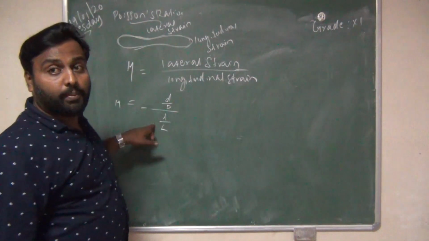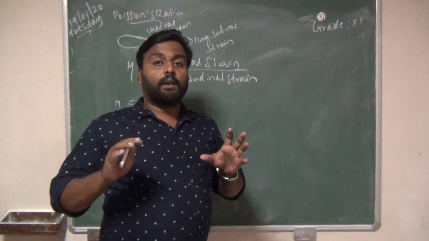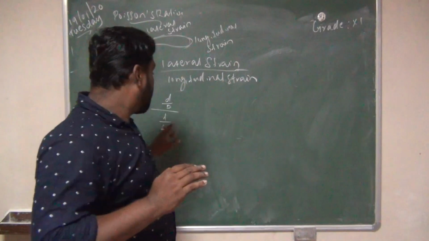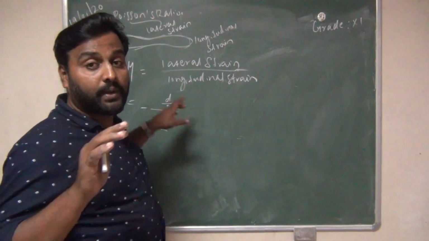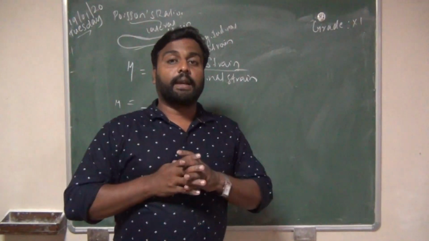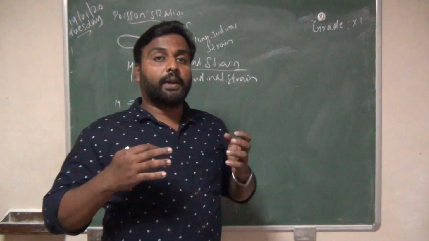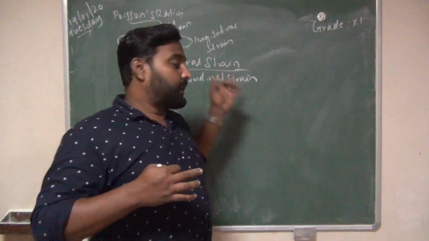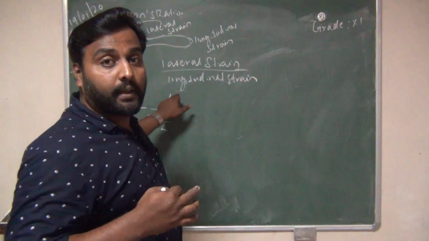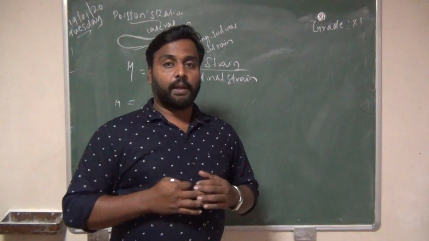Capital D and capital L: when you take an unstretched wire, the original length is capital L, and capital D means its original diameter. After you stretch the wire or the rubber band, its diameter changes, so for the diameter we use small d, and for the length we use small l.